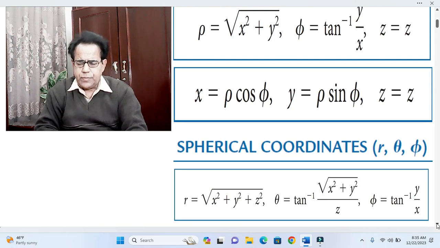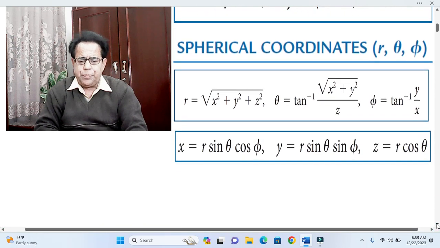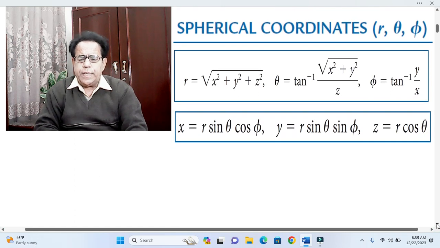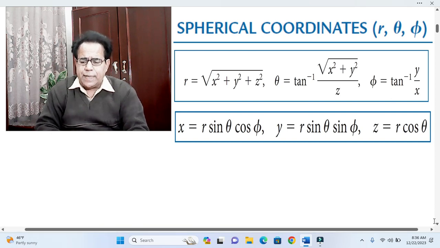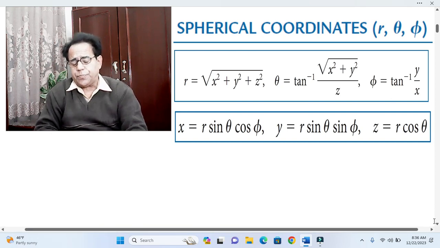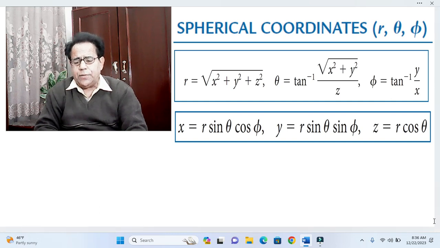Next snapshot says that spherical coordinates r, theta, phi are determined according to the formulas: r is equal to the square root of x square plus y square plus z square, theta is equal to tangent inverse of the square root of x square plus y square divided by z, and phi is equal to tangent inverse y over x.